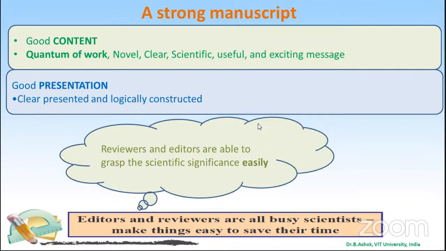And the next one is good presentation. The graphs, figures, and tables should be drawn or represented clearly and be logically constructed. These are certain requirements, so that reviewers and editors are able to grasp the scientific significance easily.